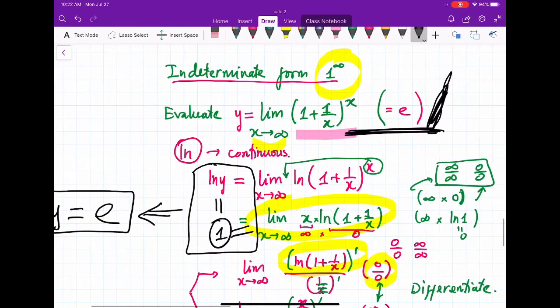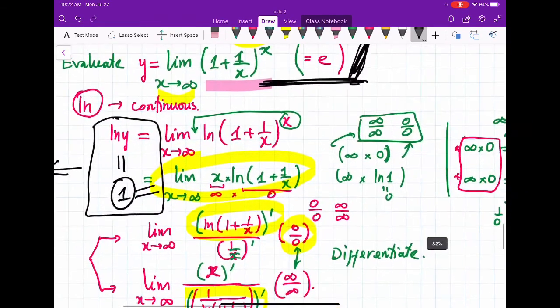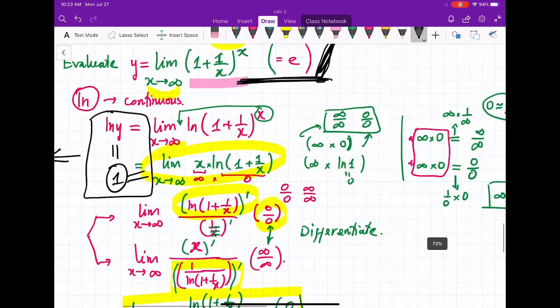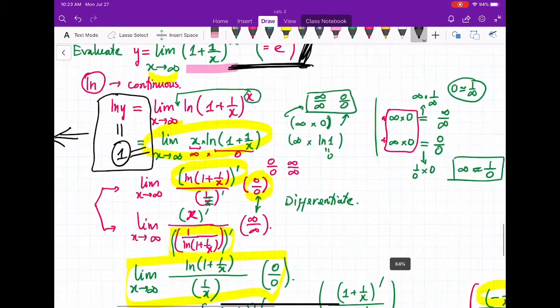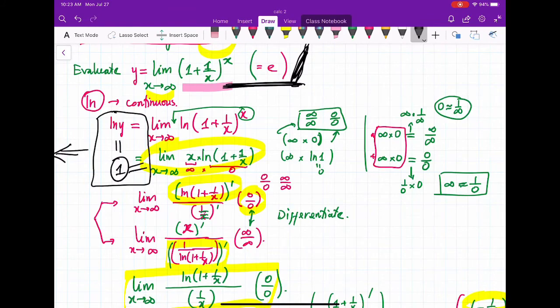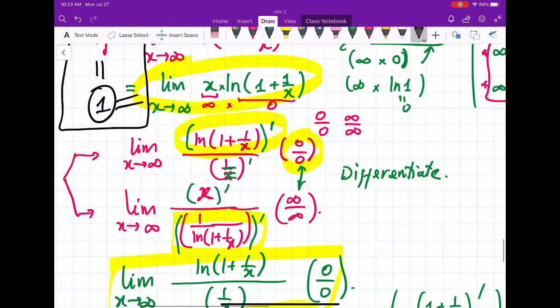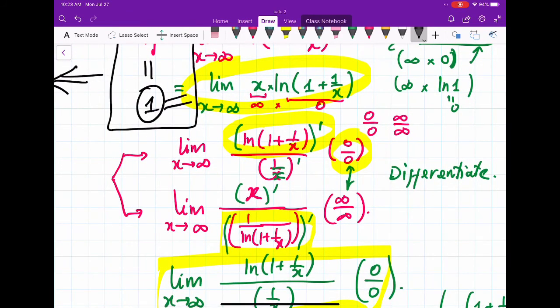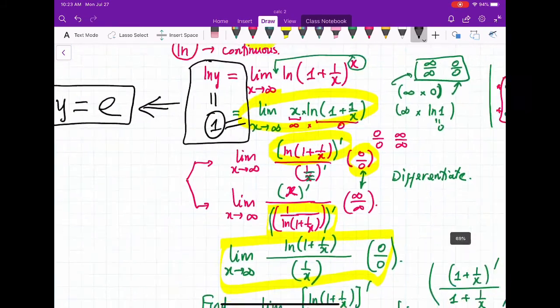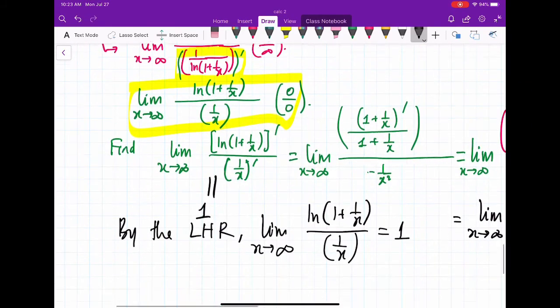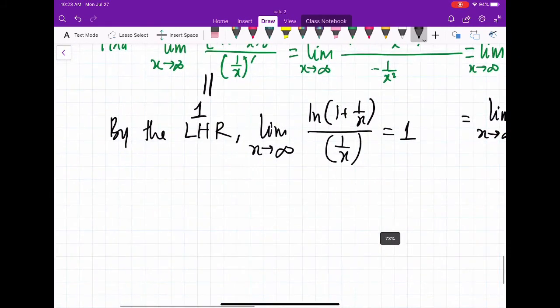You see, it's a long way, but we have some good ideas in here. Does that make sense? So we learn how to convert the form 0 infinity into one of these forms. Okay, and it really depends on the function here, ln on the top or ln in the bottom, and then you just differentiate everything and apply the L'Hopital rule.